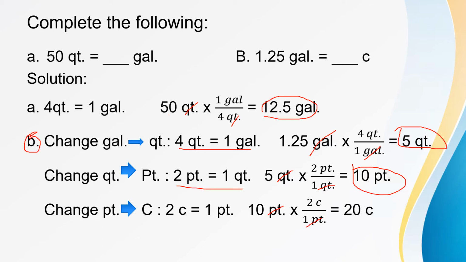That is about 20 cups. Therefore, 1.25 gallons equals 20 cups, and 50 quarts equals 12.5 gallons. You just divide that.